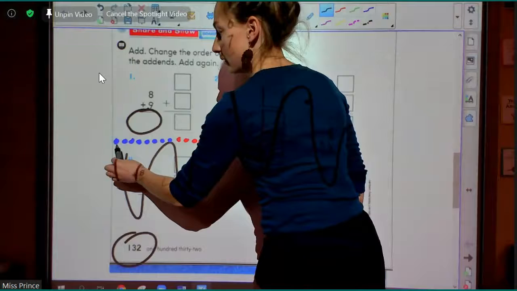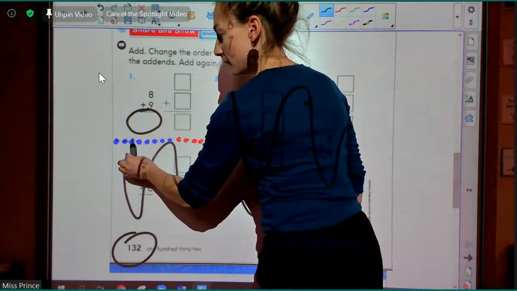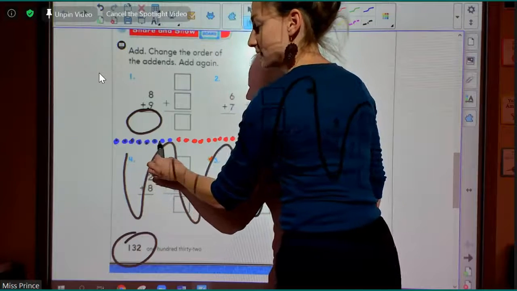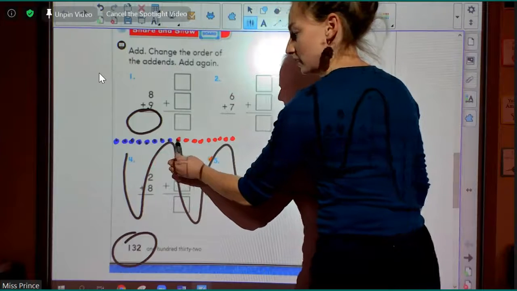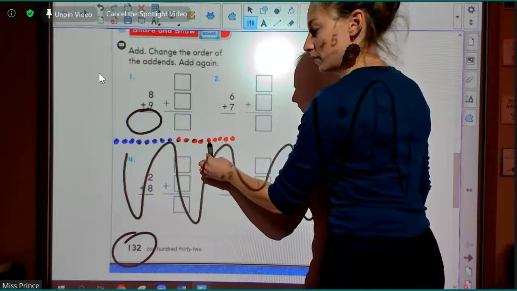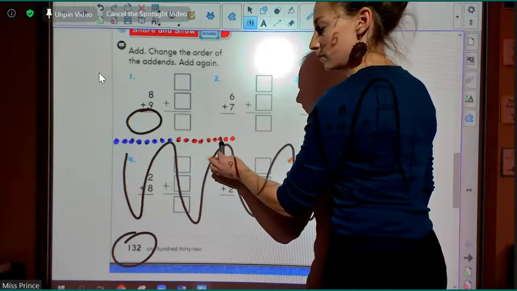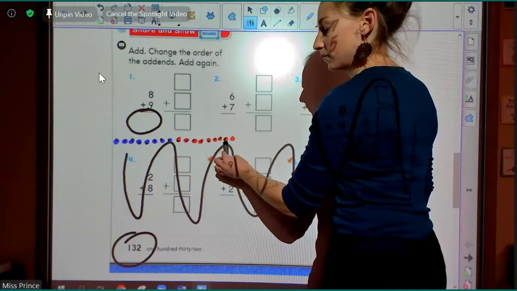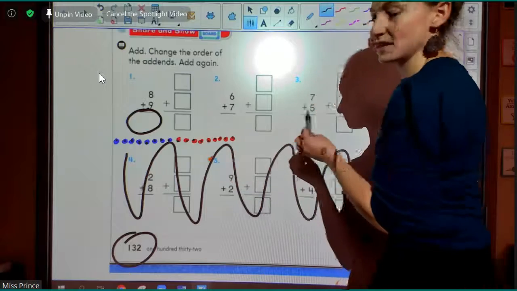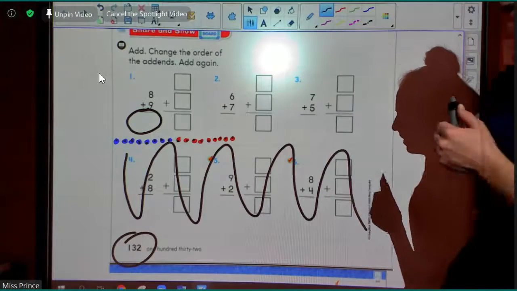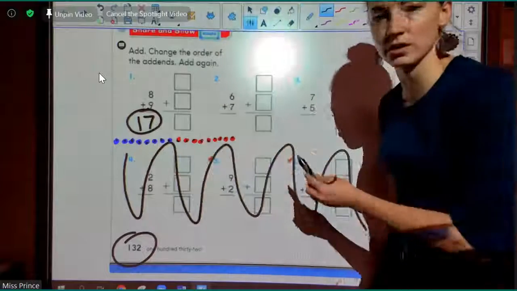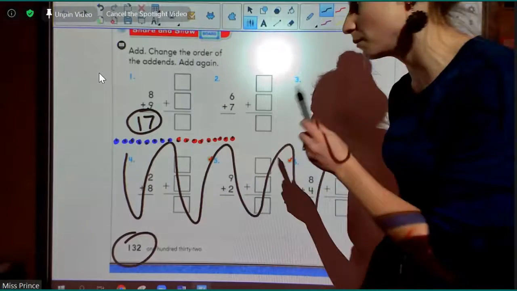Let's count again. 1, 2, 3, 4, 5, 6, 7, 8, 9, 10, 11, 12, 13, 14, 15, 16, 17. 17. So make sure when you're counting, boys and girls, you use a tool to help you keep track.